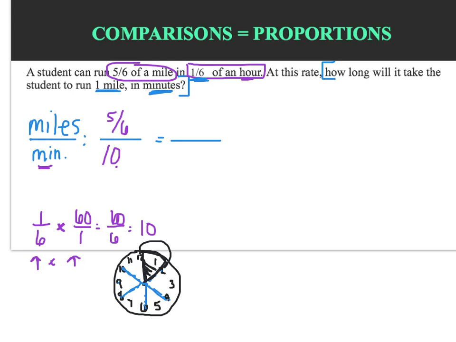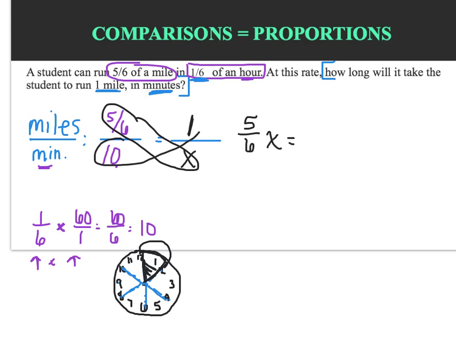Next, I want to know how long it's going to take for 1 mile. So my x goes on the bottom because we're looking for minutes. I'm going to cross multiply. 5/6 times x equals 10 times 1, which is just 10. Divide both sides by 5/6.